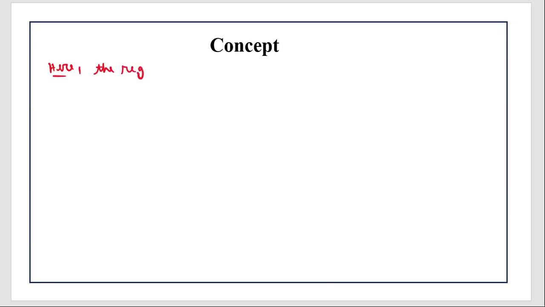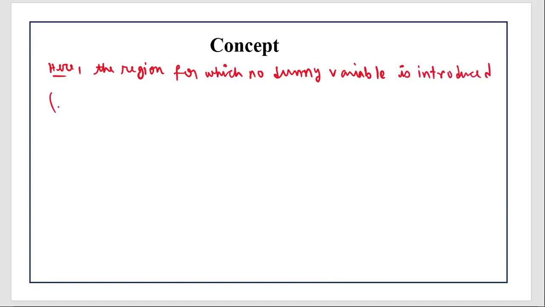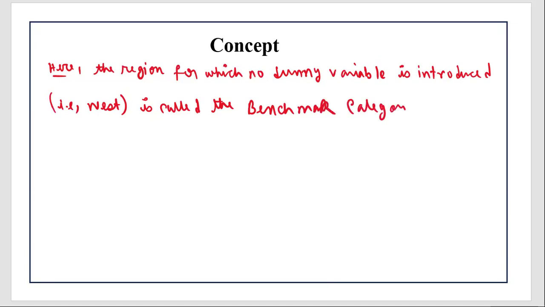And here the region for which no dummy variable is introduced, that is the west region, is called the benchmark category, right?